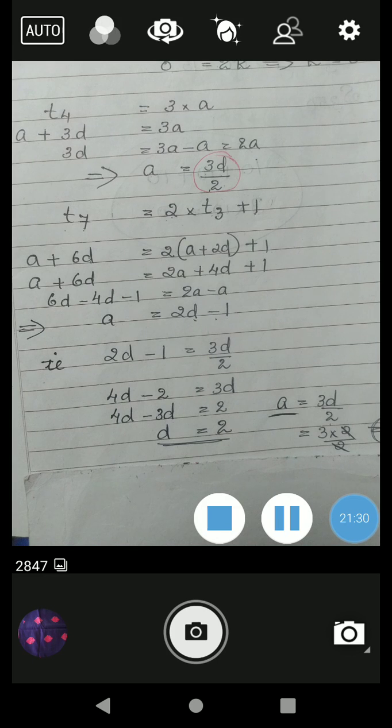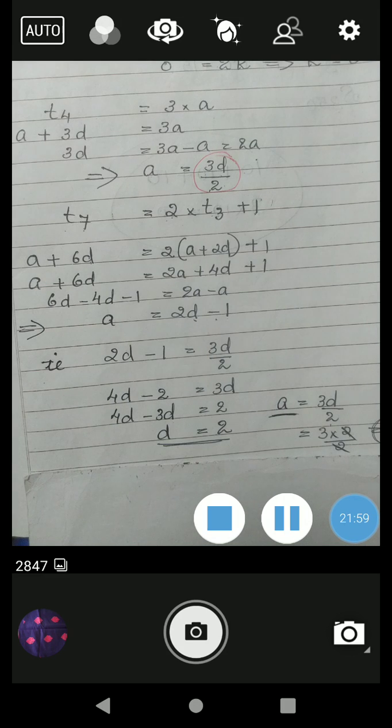Okay. So once again I remind you, the nth term of an AP is A plus n minus 1 into D. And what is an AP? An AP is a sequence of numbers in which each term can be obtained by adding a certain quantity to its preceding term.